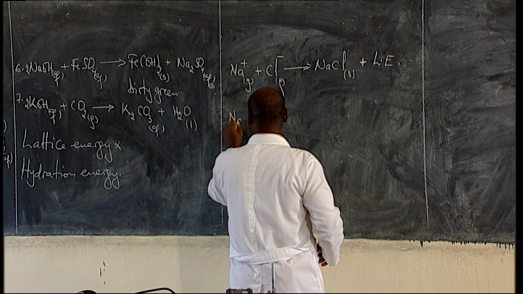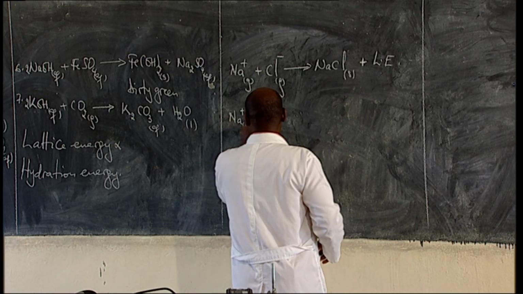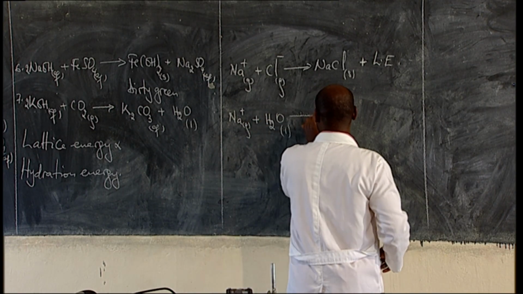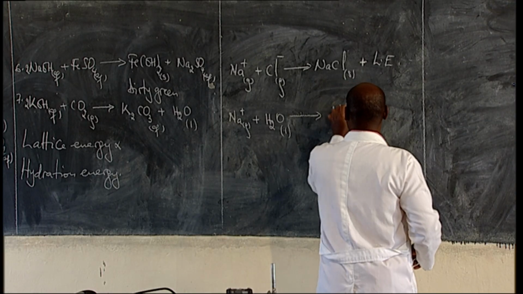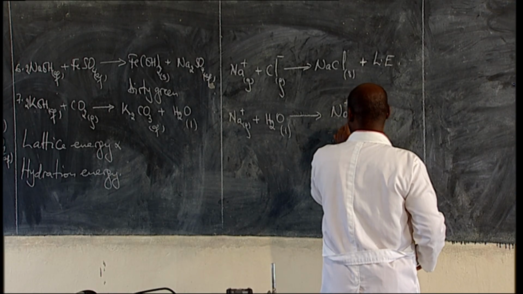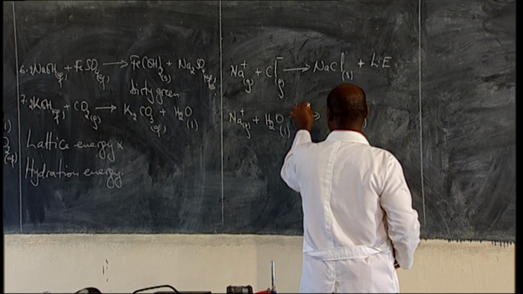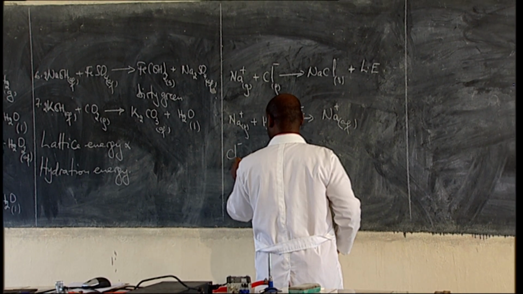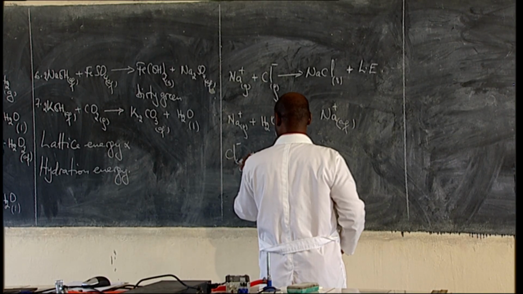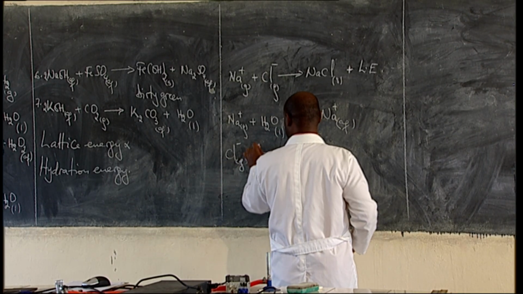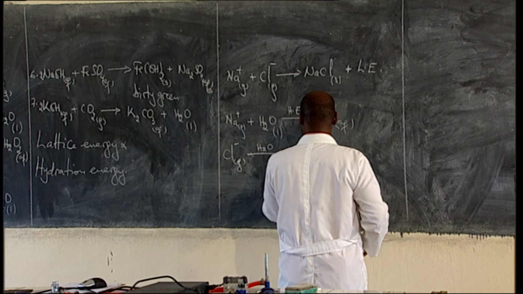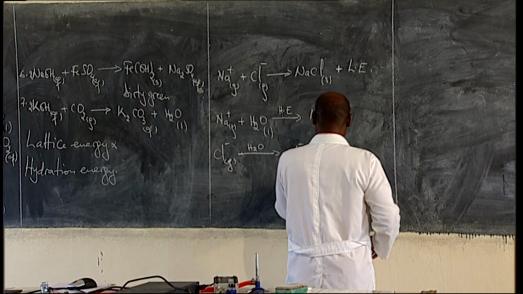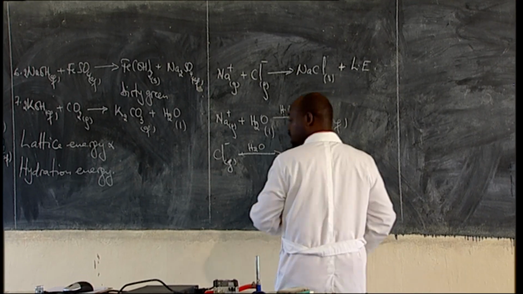But when sodium is dissolved in water, we get what? We get aqueous sodium. So the energy involved here is called hydration energy. When the chlorine is hydrated, let me write it like this, H2O, to get Cl negative aqueous, the energy involved is hydration energy.